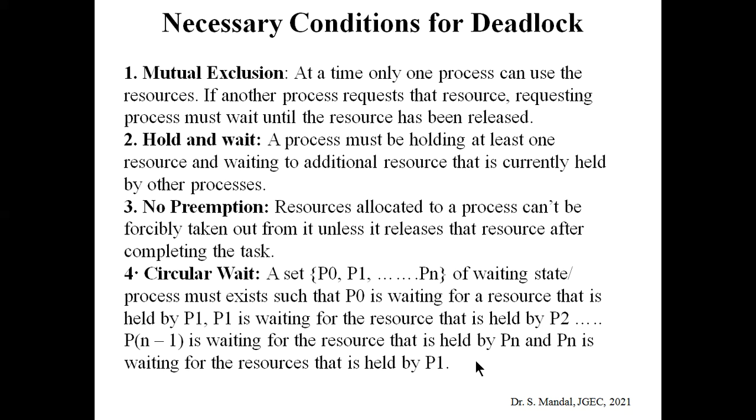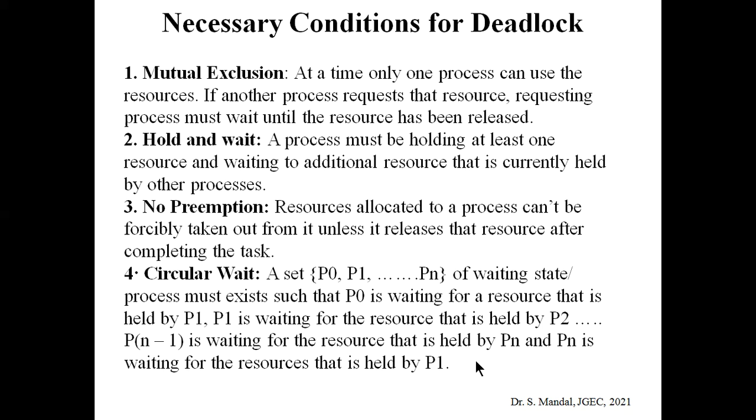In case of shareable resources, when a resource is shared by different processes, mutual exclusiveness means that only one process can use the resource at one time. If another process requests it at that same time, it should wait until the resource has been released. So if the mutual exclusion property is satisfied, sometimes that will lead to the deadlock condition.